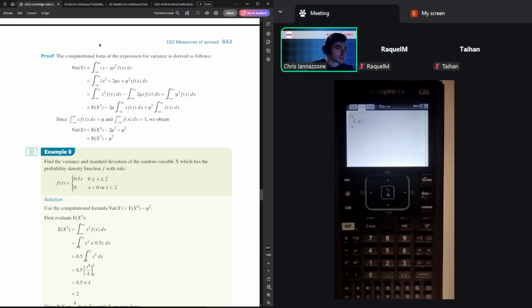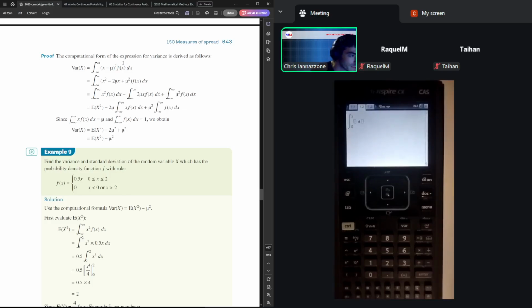And so to explain a little bit about what the equation has going on for it, x take mean squared means that you are finding the distance between your outcome and the mean squared. You're finding the squared distance between the outcome that you have and the mean.